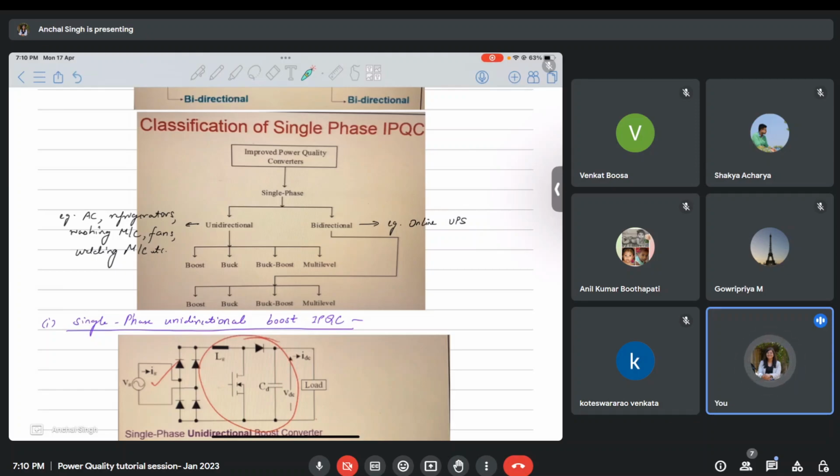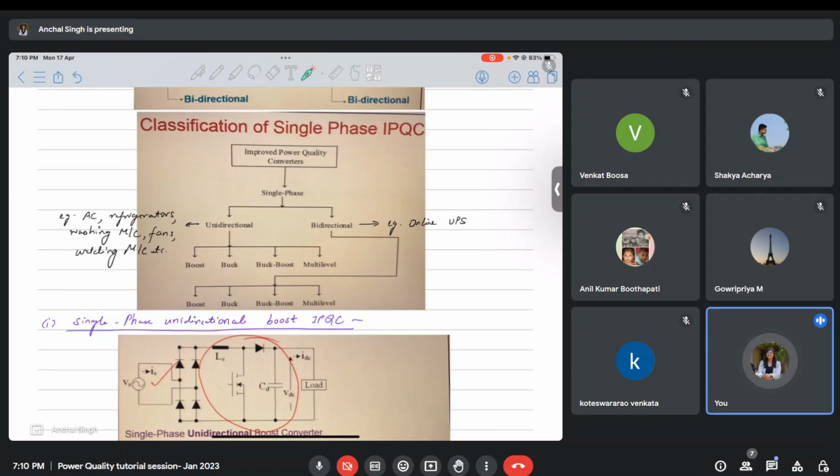In this UPS, you are doing power transfer in both directions. You are doing power transfer from the battery to the home and also from the home to the battery. That means you need bidirectional power flow capability. Therefore, bidirectional converters are used in online UPSs.